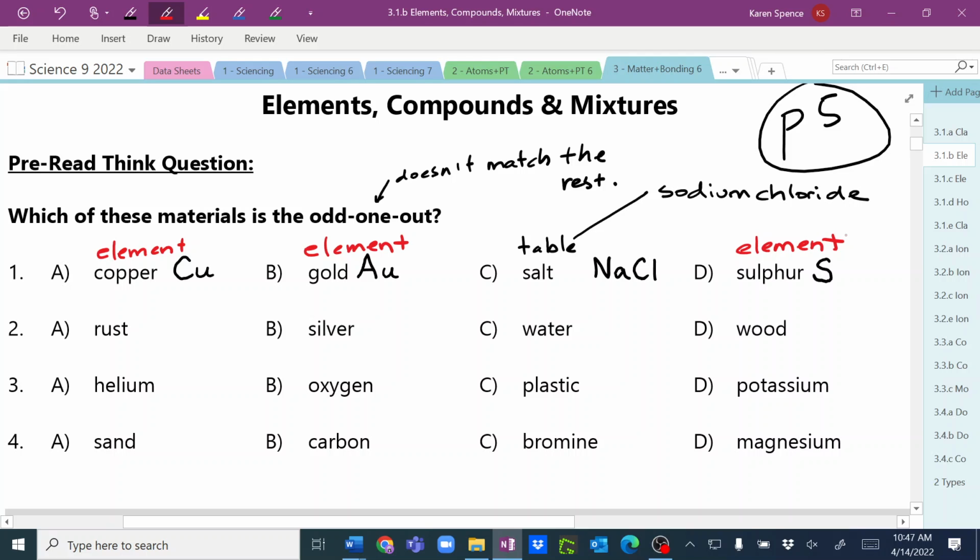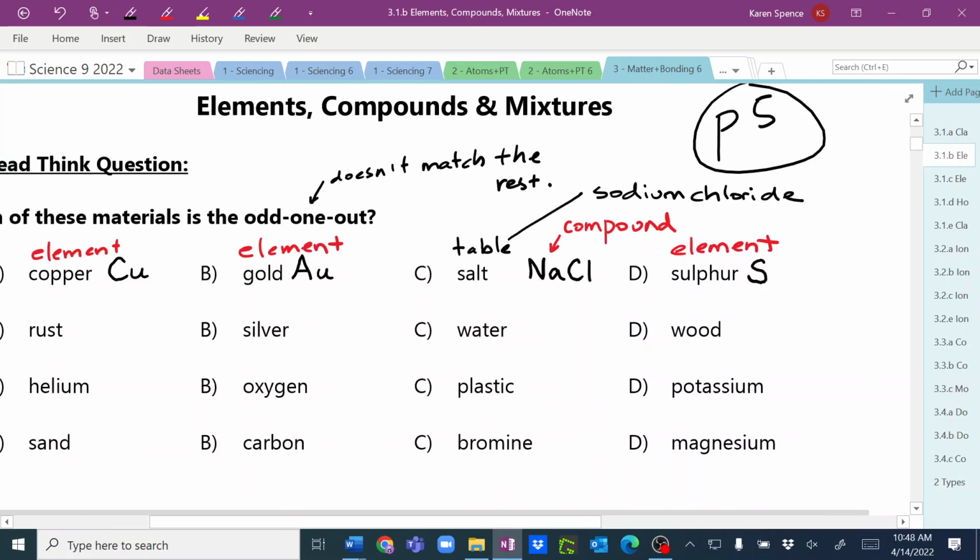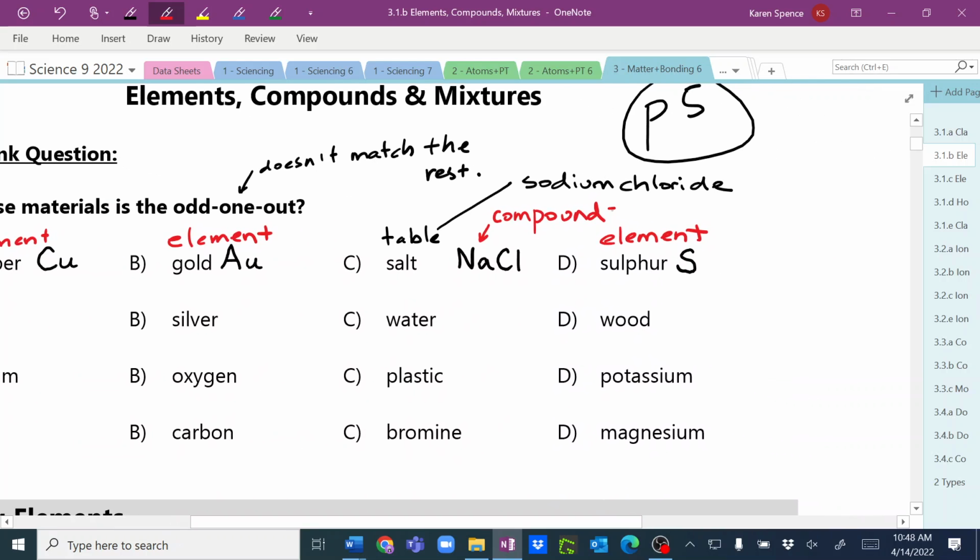Salt is a combination. So therefore, it is a compound. And remember, a compound is made of two or more elements stuck together. Two or more different.